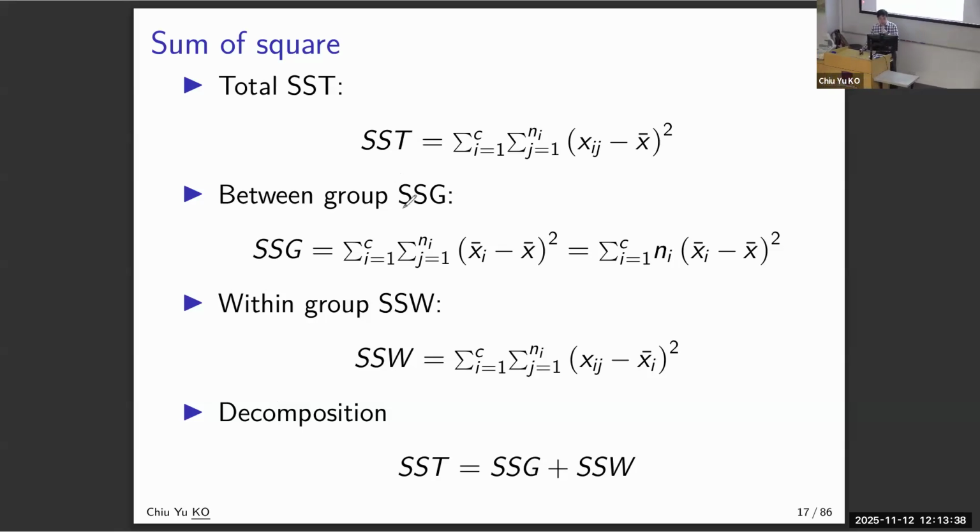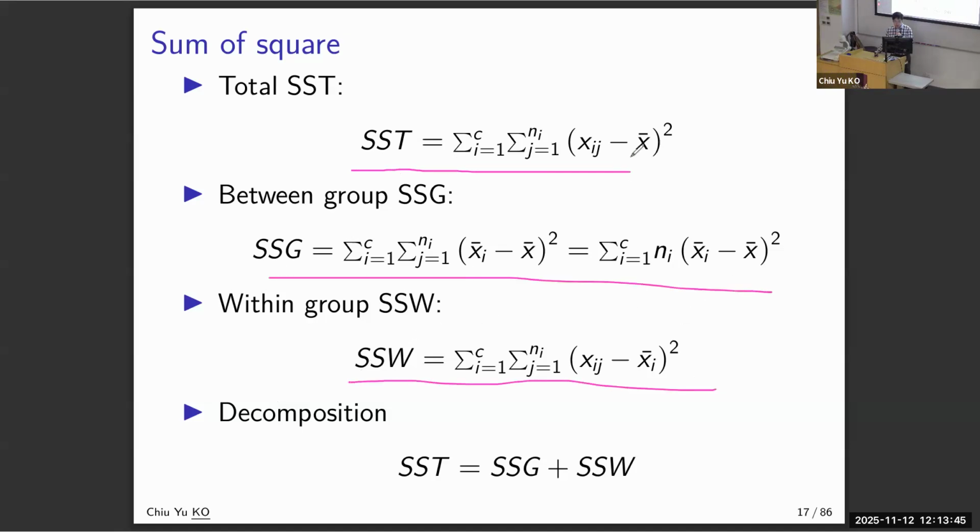We have these three numbers, and these three numbers are closely related to calculating variance, and you will see this is the numerator part of the variance. The first one is actually calculating variance, the numerator. If you forget about the grouping and you want to calculate variance, this is the first step you want to do.